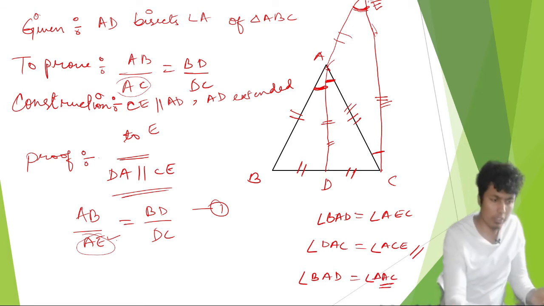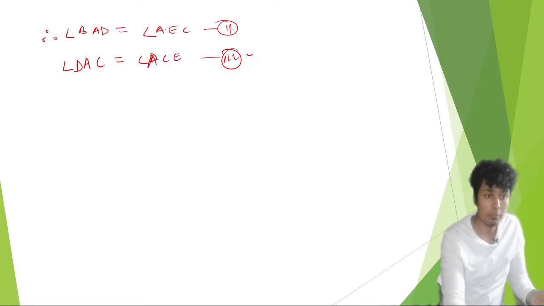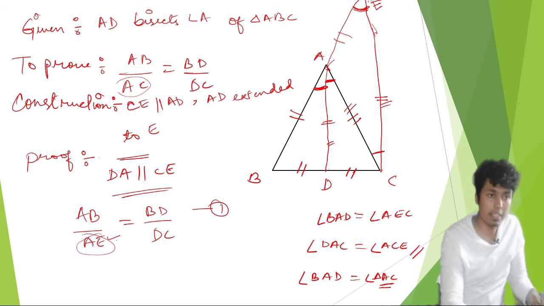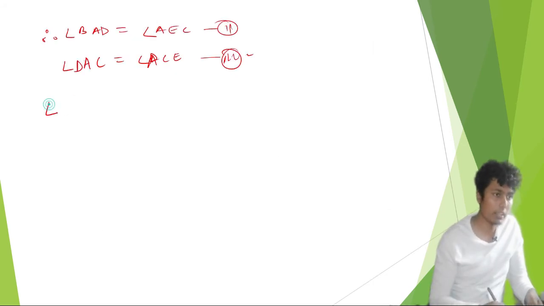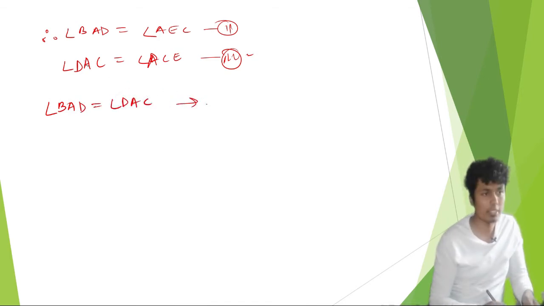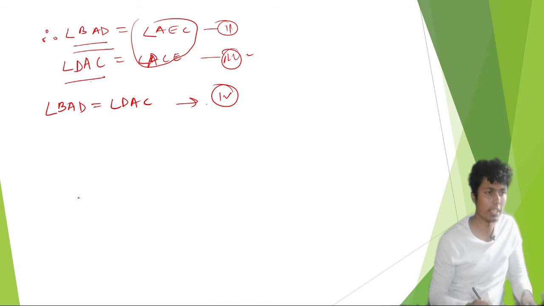These two angles are equal, so if these two are equal, from equations 2 and 3, these two also will be equal. So angle AEC is equal to angle ACE.